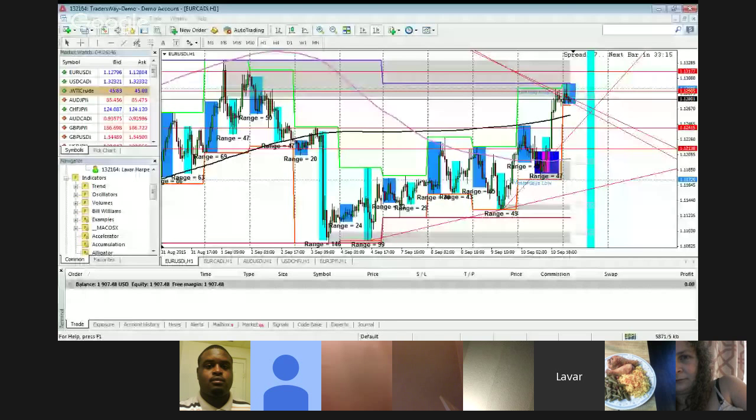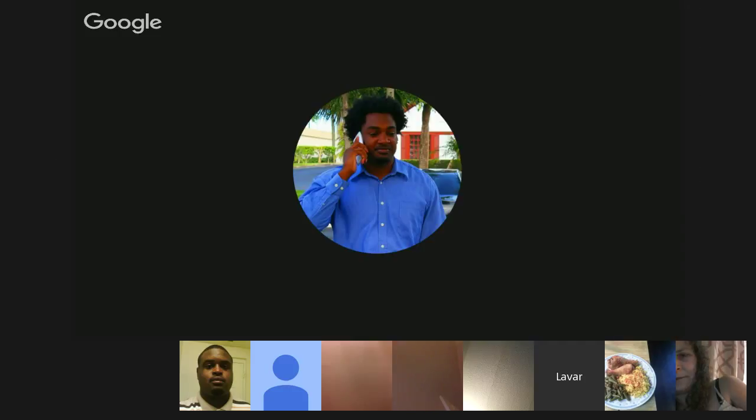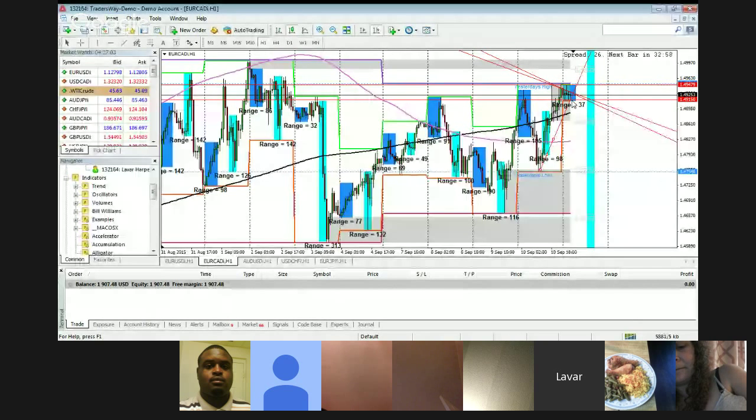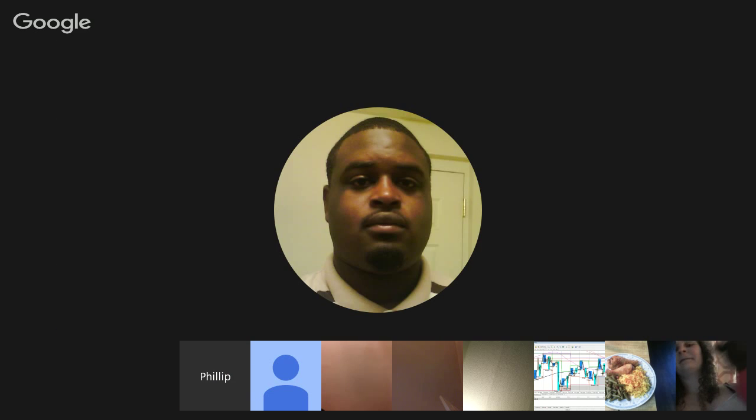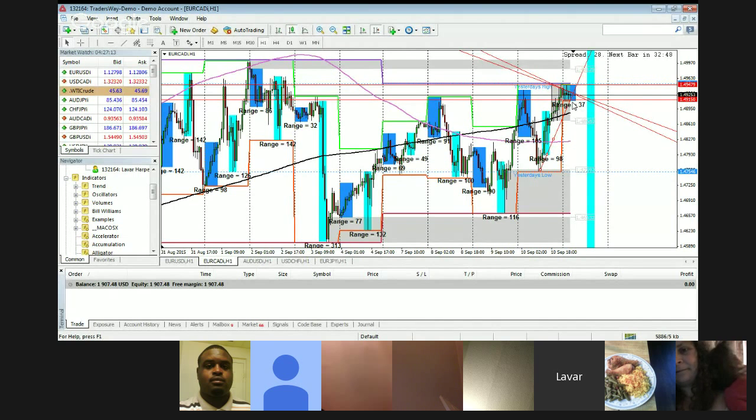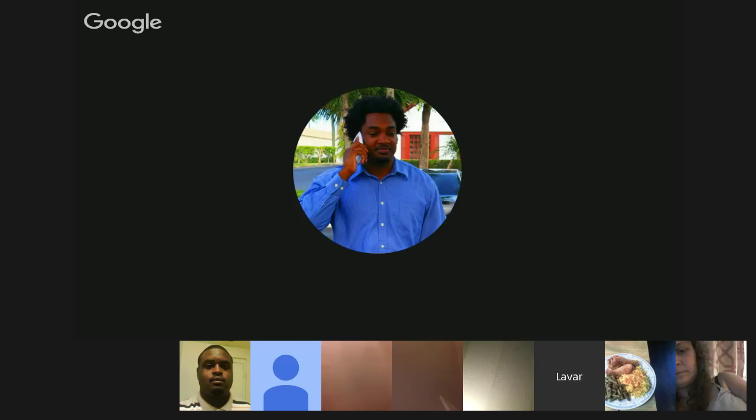All right. So yeah, that's basically what I look for. I look for the resistance line to act as support or resistance right outside the stop loss or the take profit. I figured this was a good trade because we had a line here, and price is reacting off of the support line.